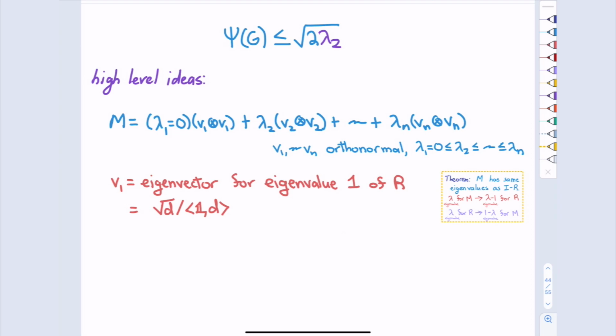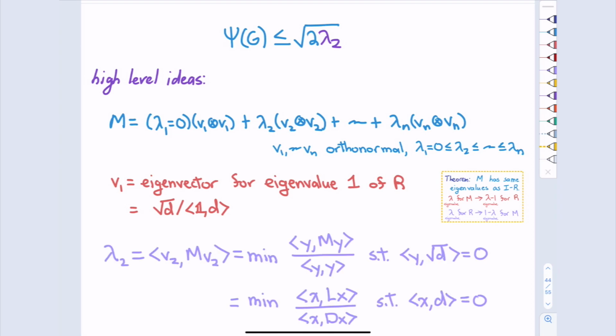And so that means that if I wanted to figure out what lambda 2 is, lambda 2 is the second smallest eigenvalue. So I can try to minimize just this thing, y^T M y over y^T y, which is really minimizing y^T M y over unit length y's.